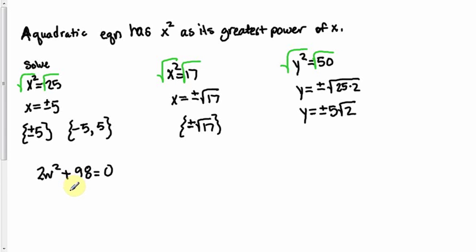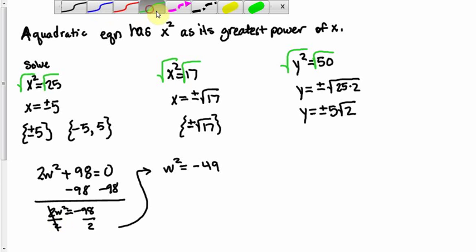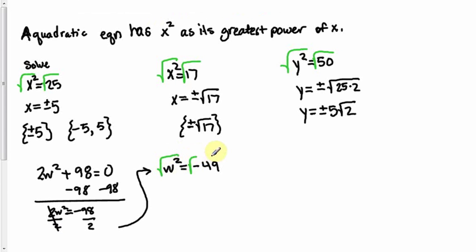So we would need to start by subtracting 98 from both sides. 2w squared equals negative 98. Divide by 2 on both sides. I'm running out of room, so I'm going to come up here. I'll have w squared equals negative 49. Now, have I isolated the w squared? I have. So I'm going to square root both sides. Now, what do you notice is happening?